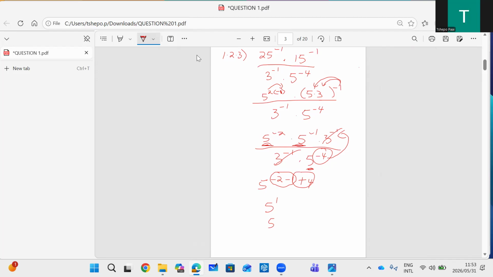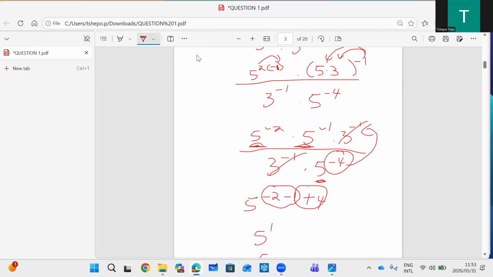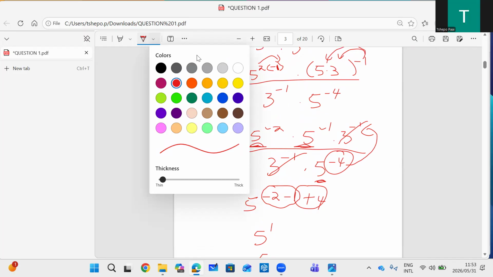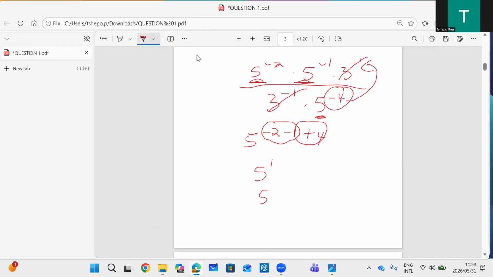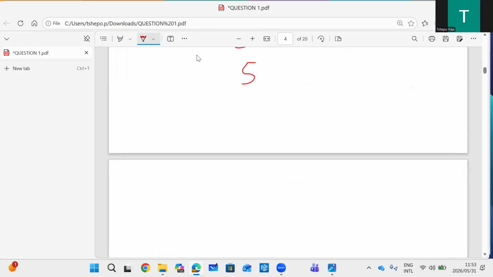Then now they are asking you, let me look at it. Next question. Here they are saying, determine the value of 3p plus q squared, 1.3. They want you to find the value of 3p plus q all squared.